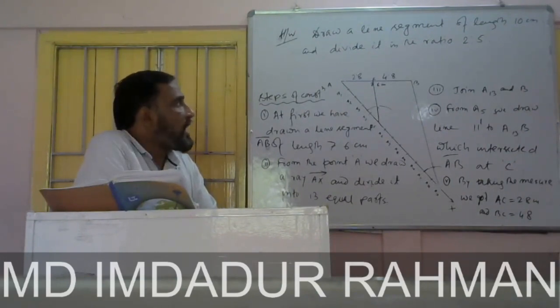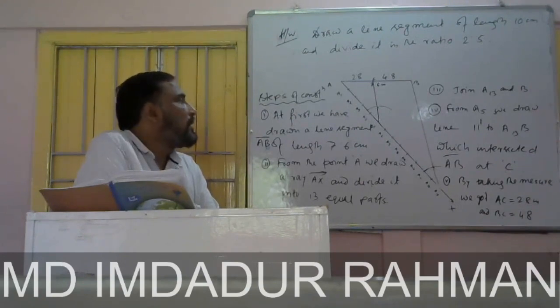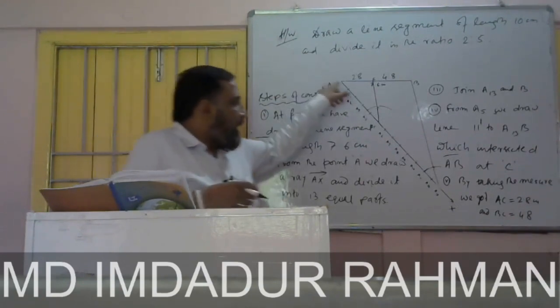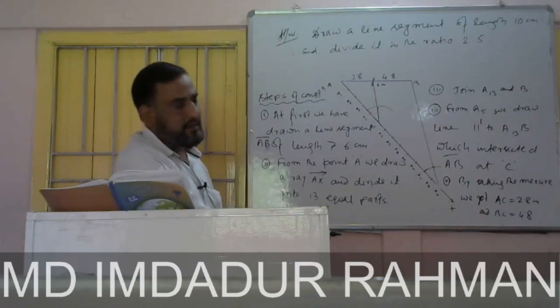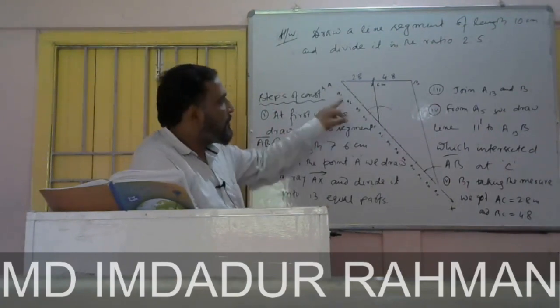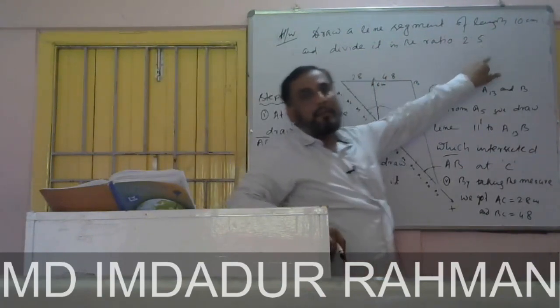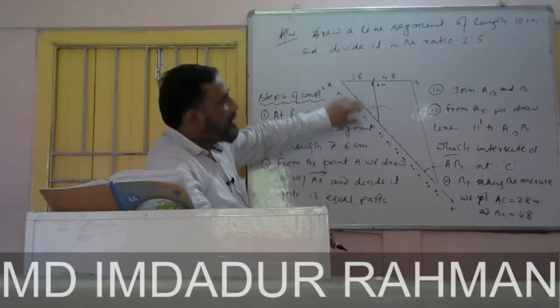So you will draw a line segment of length. I am giving hints. We will draw a line segment of length 10 centimeter and you will mark it as AB. Then from A we will draw one ray AX and you will divide it in how many parts? 2 plus 5, that is 7 parts. This is easy, 7 parts.